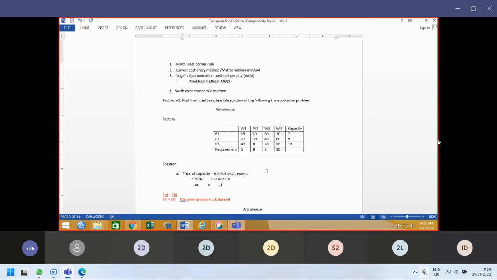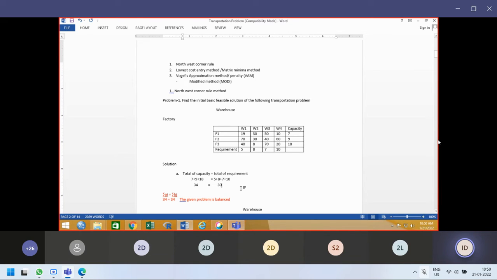So if the problem is unbalanced, then our role is to convert it into a balanced problem. Now how will you convert? Think how we will convert. We have to make it balance.